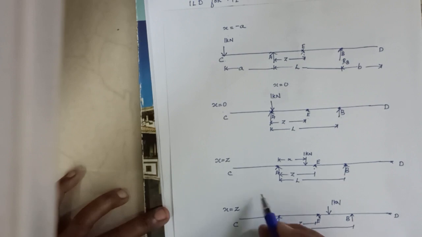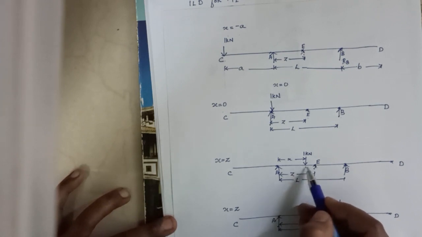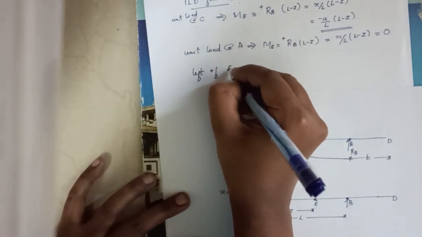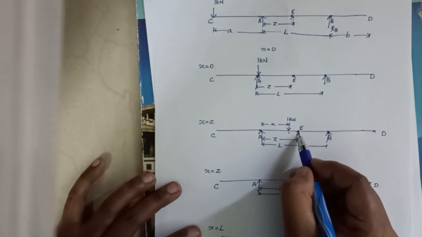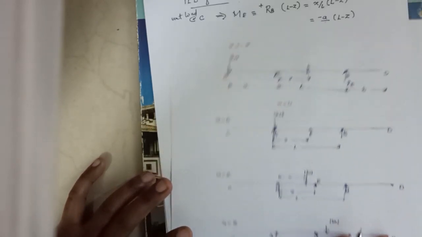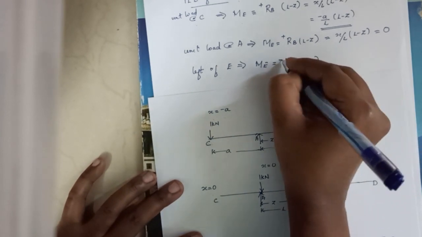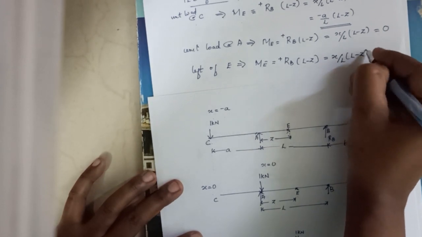Then third position, when the unit load is in left of this section E, the moment value will be equal to again RB into L minus z, plus value x by L into L minus z.